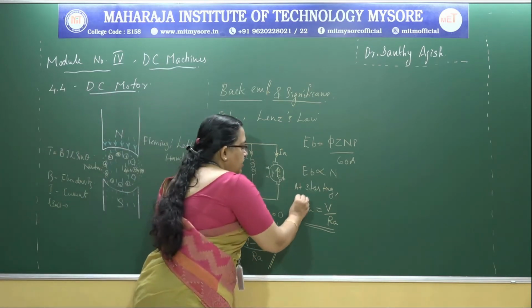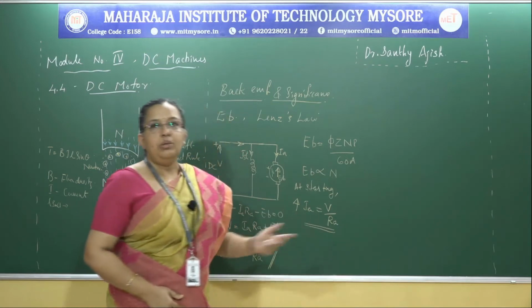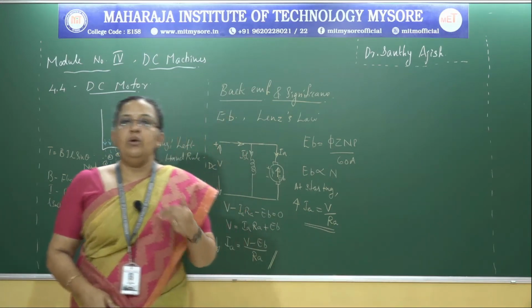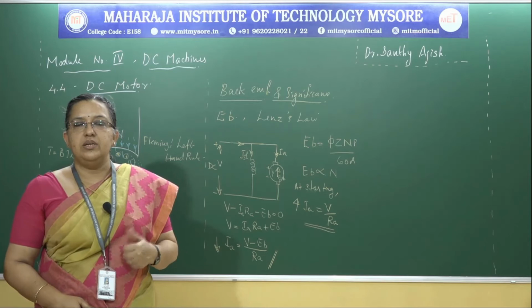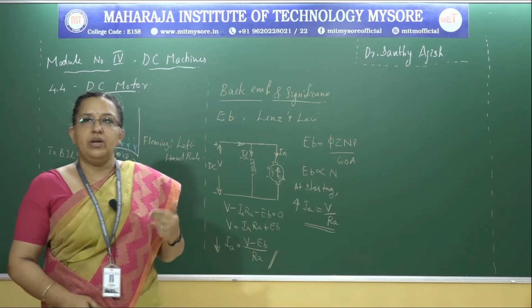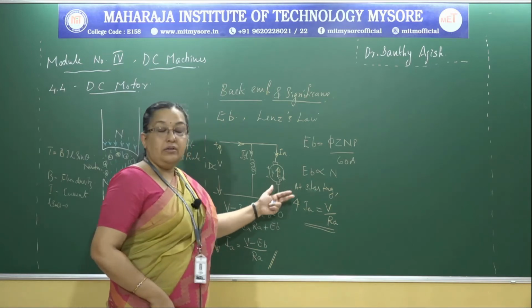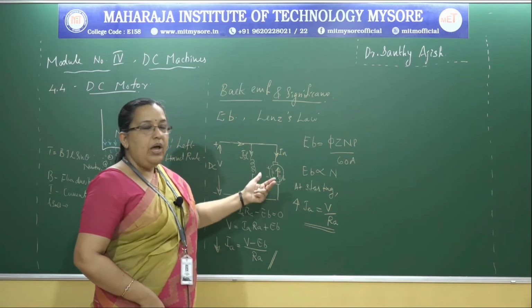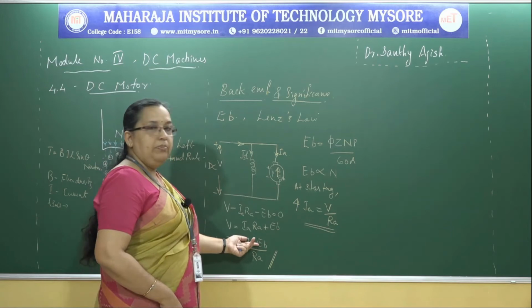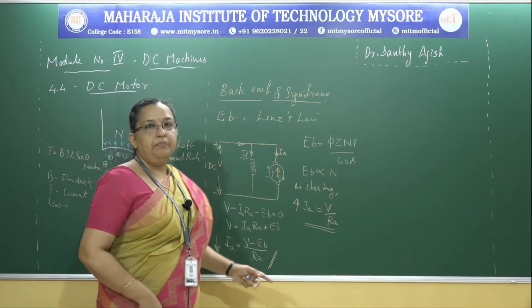When the mechanical load on the motor reduces, the speed will be more, and accordingly the EB value will be more, and the current will be less.